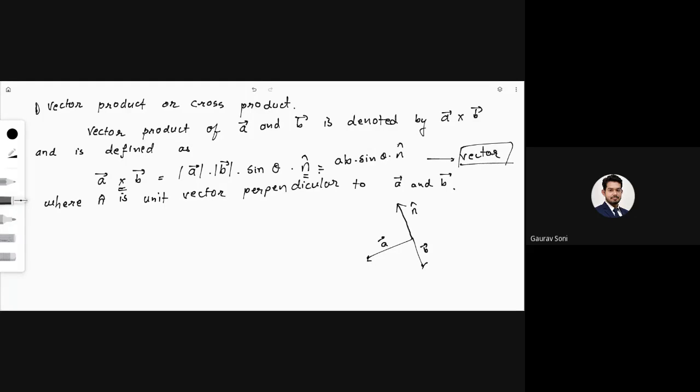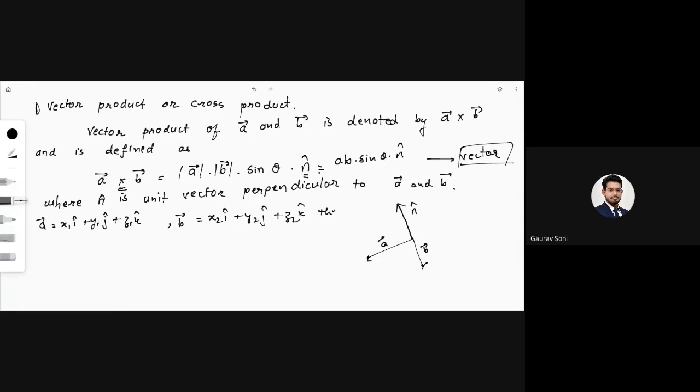So again the question arises when you have A bar as x1 i cap plus y1 j cap plus z1 k cap, and B bar is equal to x2 i cap plus y2 j cap plus z2 k cap.